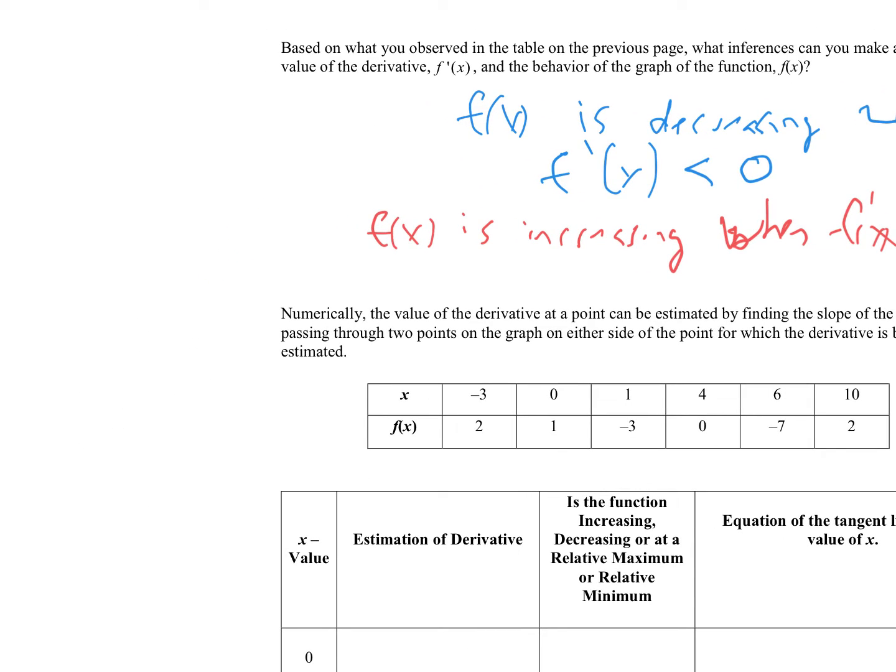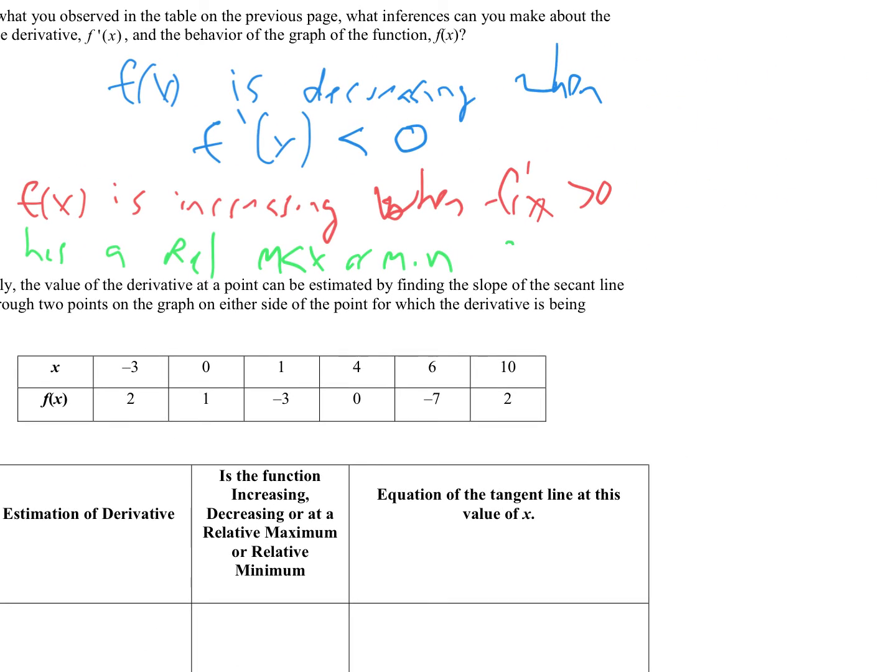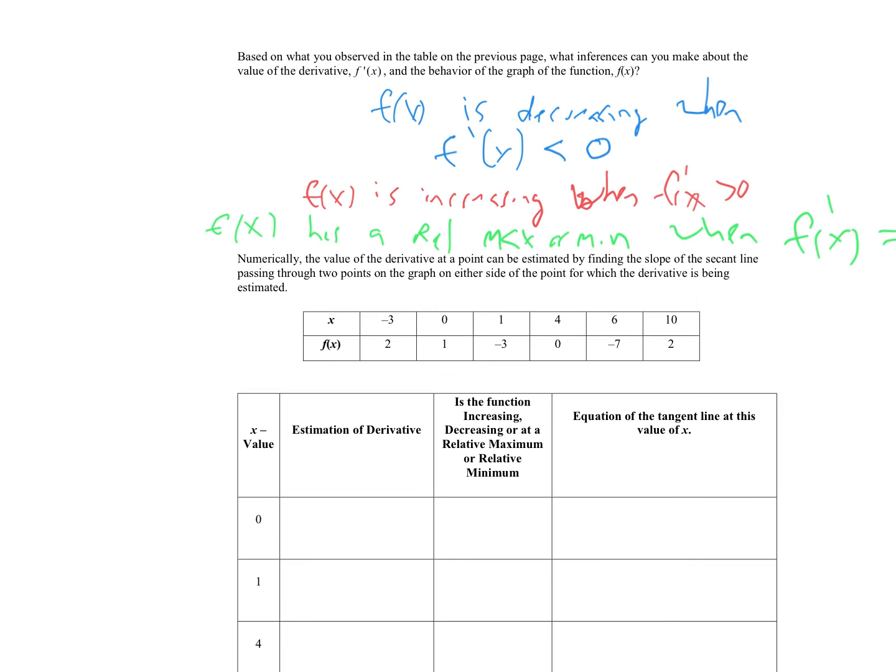I also noticed that f of x has a relative max or min when f prime of x is 0. Does that make sense? And the reason I wrote these three things, they're worth a lot of points.